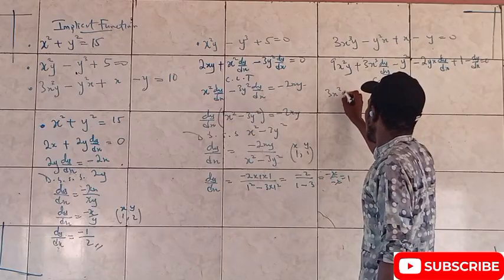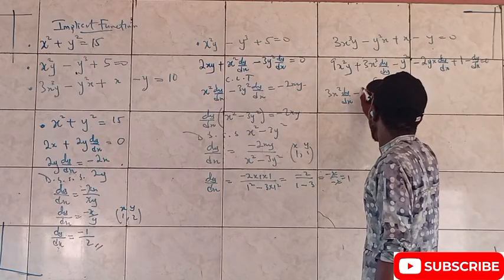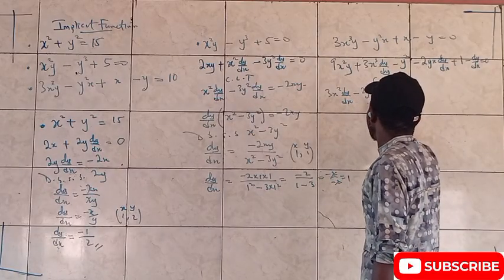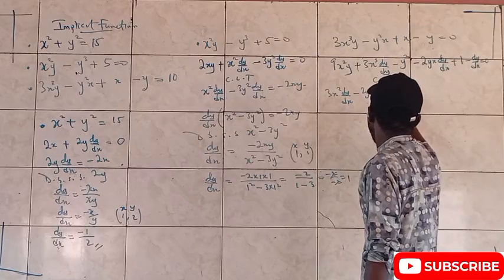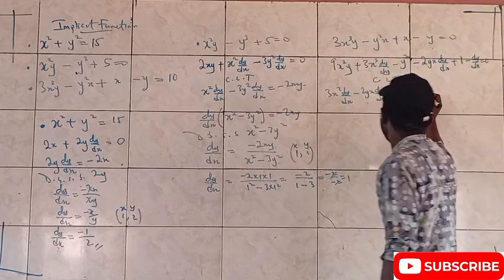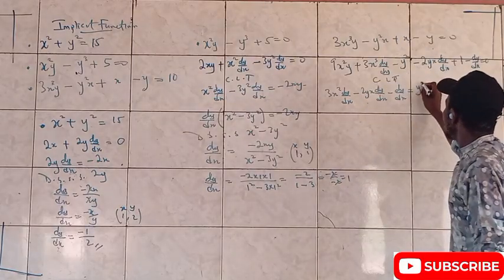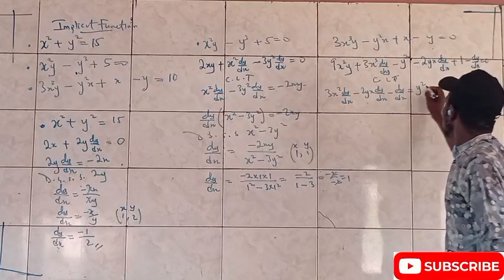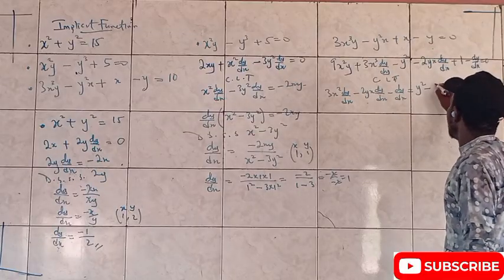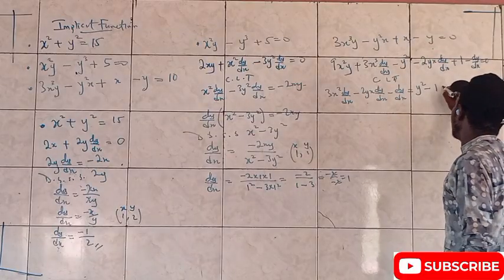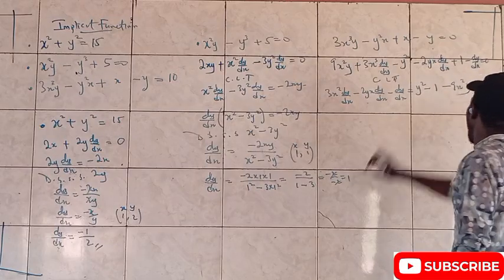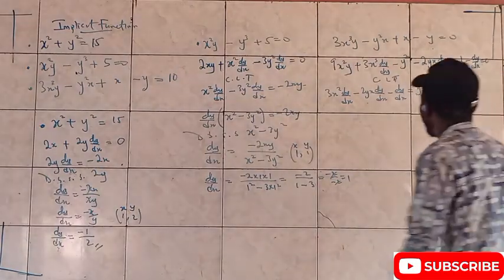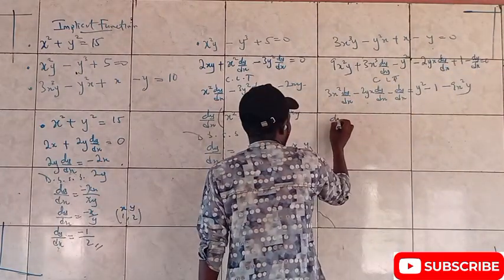Meaning 3x squared dy/dx minus 2yx dy/dx minus dy/dx equals y squared outside, minus 1 because plus 1 has gone out, then minus 9x squared y. What is common to the 3 of them is dy/dx.